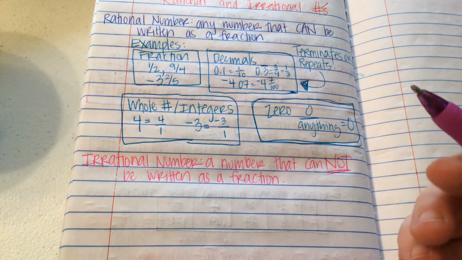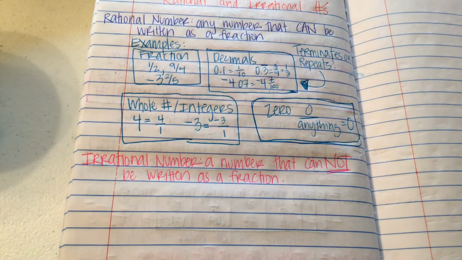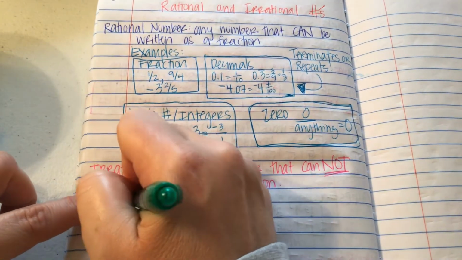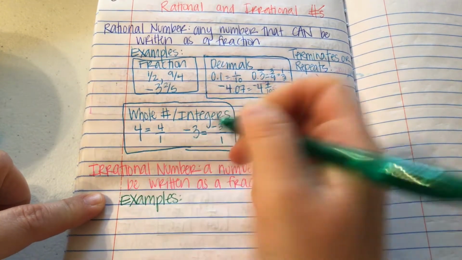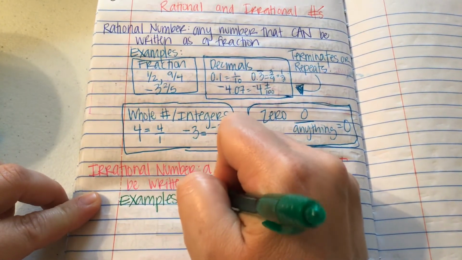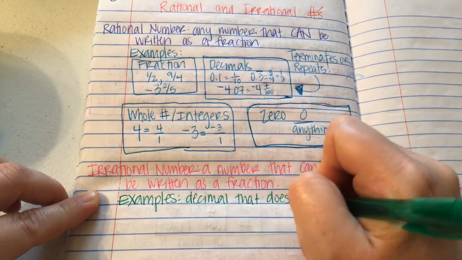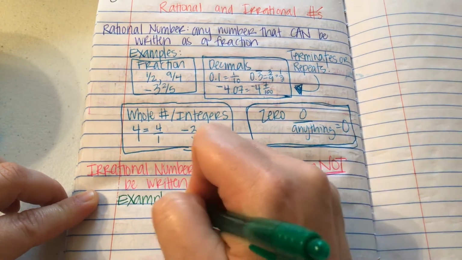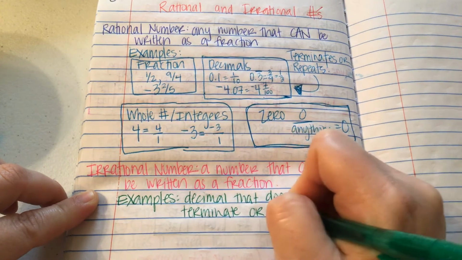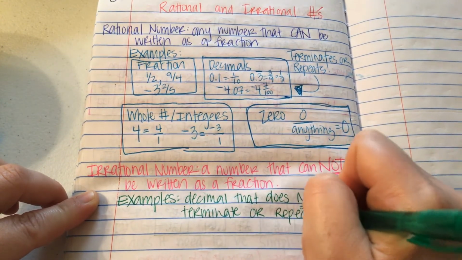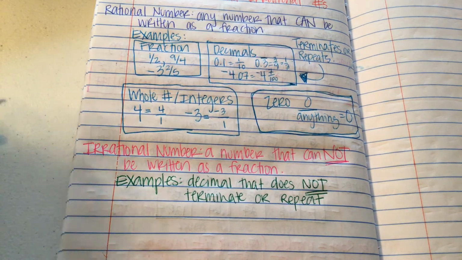Well, an example of an irrational number is a decimal that does not terminate or repeat.